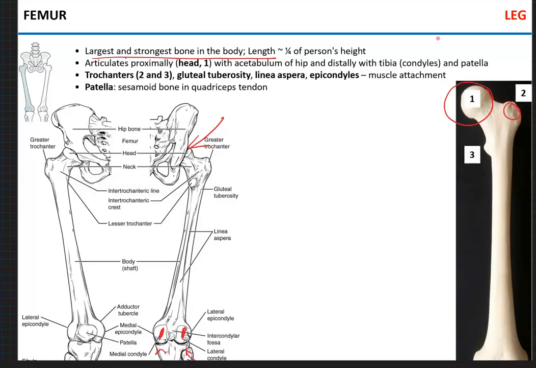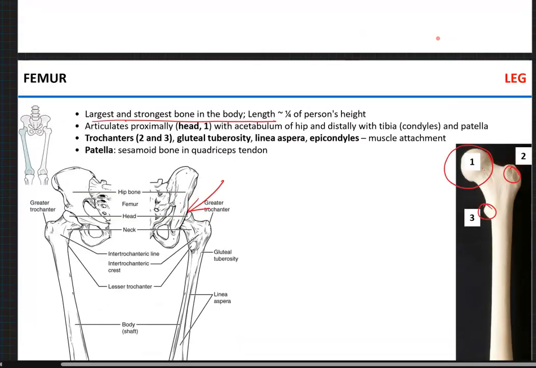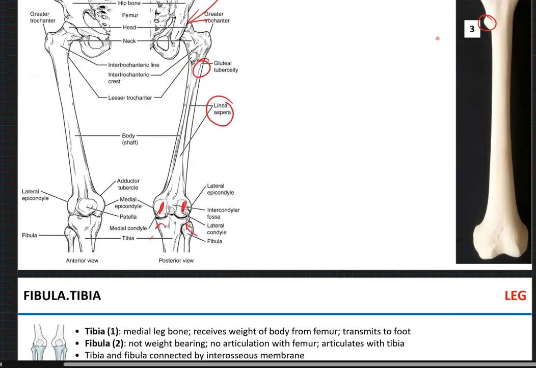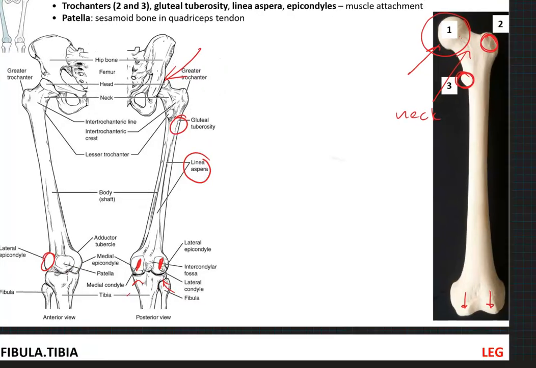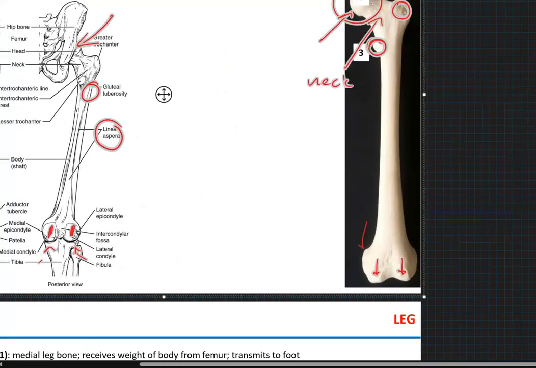Now here you have trochanters, attachment sites for muscles, as well as gluteal tuberosity, linea aspera, and epicondyles are muscle attachments. Right now, what I want you to know, head, neck, greater and lesser condyle, 2 condyles, 2 epicondyles.